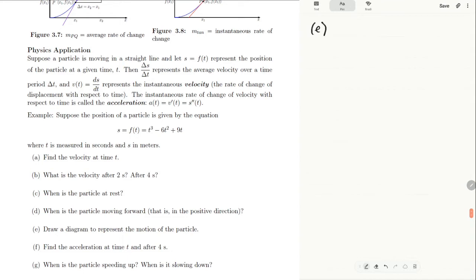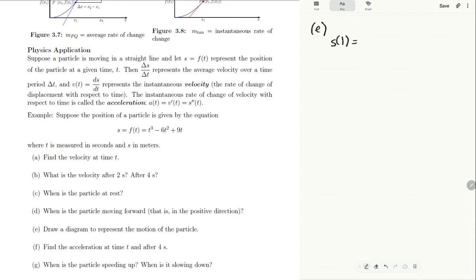So now let's draw a diagram that represents the motion of the particle. So we're given that the particle is at rest after 1 second and after 3 seconds. So let's determine the position of the particle when the particle is at rest. So that means we'll evaluate the position function at 1 and at 3.